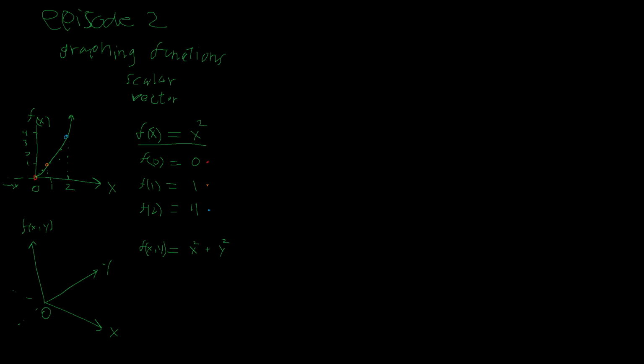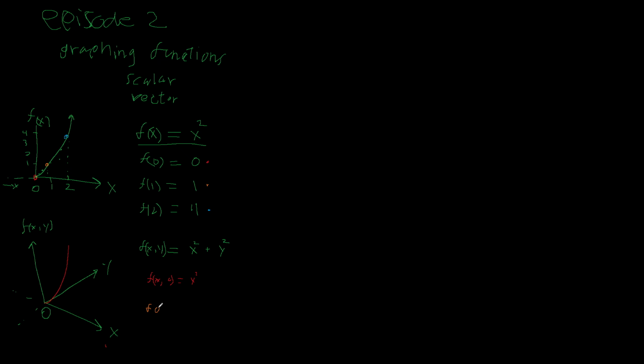Okay, so what does this look like? Well, we can do the same thing. So we know at x, we have our regular parabola. This red line is f of x, 0, right? That's just x squared.